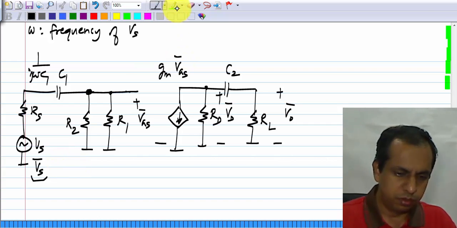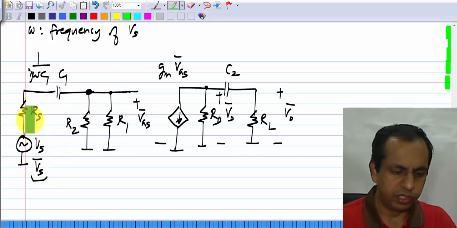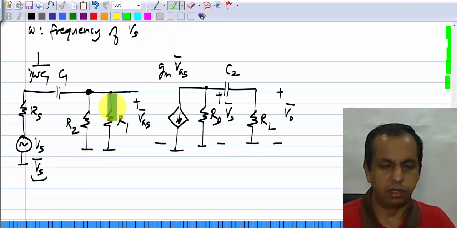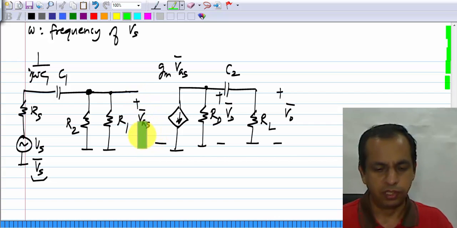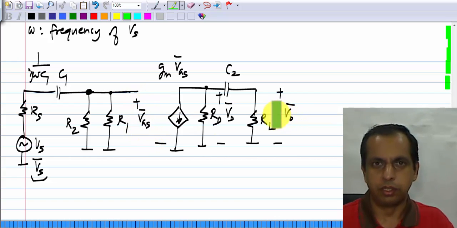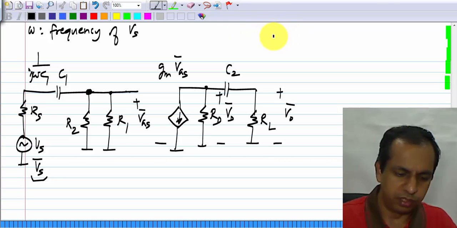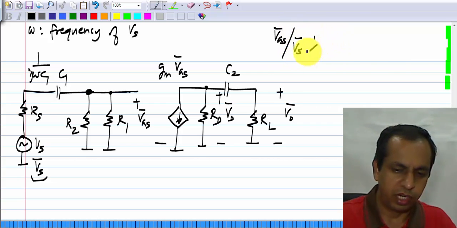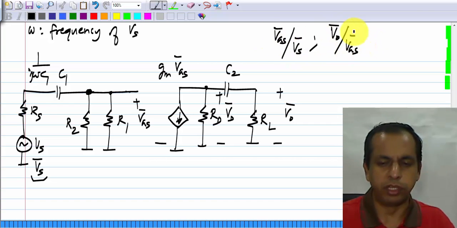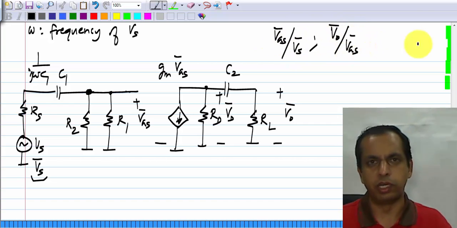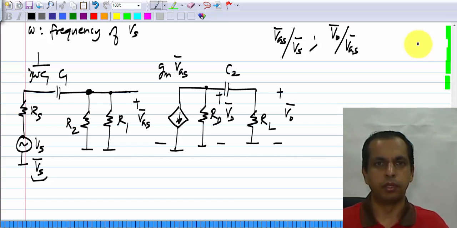Now, Vs gets divided between these impedances and R1 parallel R2 to give you Vgs, and Vgs gives you Vo. So, I will evaluate these two expressions separately, essentially Vgs by Vs and Vo by Vgs, and I could combine the whole thing to give me Vo by Vs. If I multiply the two, I will get Vo by Vs. I do not want to write lengthy expressions, so that is why I stick to this.